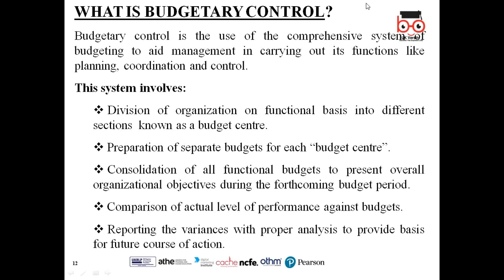Preparation of a separate budget for each center, like in this school, in this organization, we have different cost centers. We can charge the cost. We can say this is the business school, this is the mechanical engineering school, and different budgets can apply. And the canteen budget, like we need to decide, canteen everyone is using.